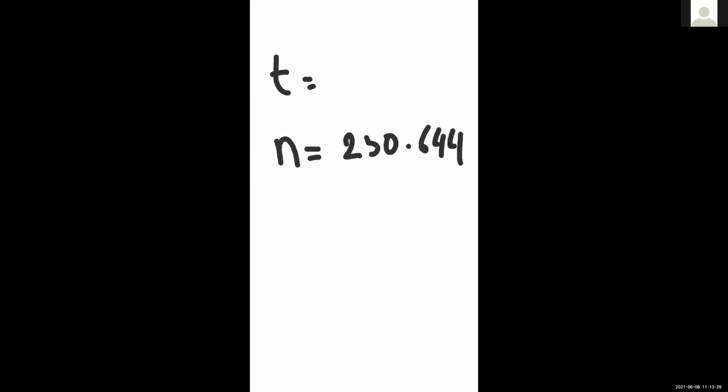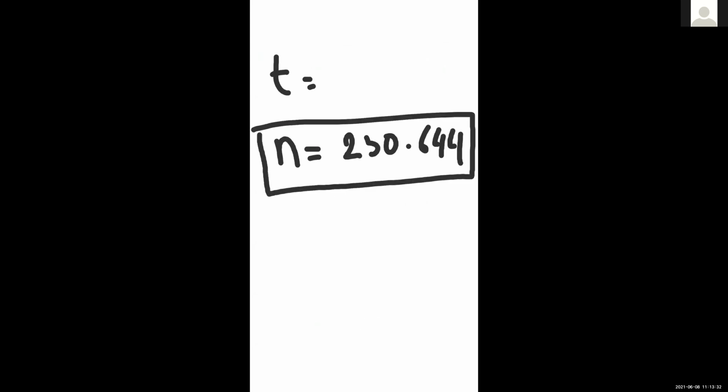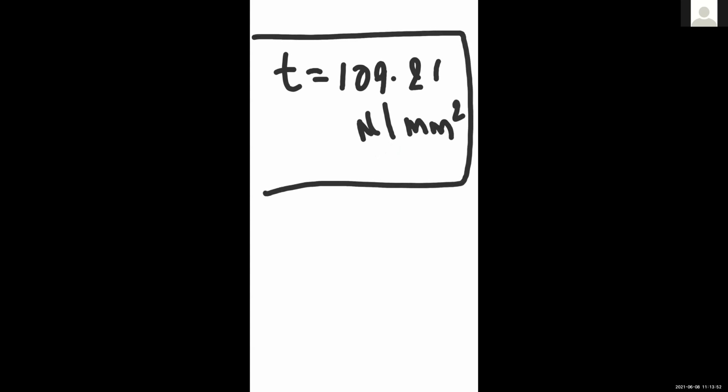Okay, it will not vary much. Means the value of T becomes 109.21 Newton per mm square. After 109.2, the next digits may vary: 0.23, maybe 0.21, maybe 0.25. Okay, so it is possible that it varies.